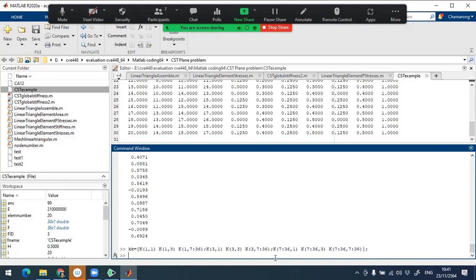Okay, we will change the force. F is the global force. It should be the same from the previous, right? But the force after applying the boundary condition should be changed. It should be F11, and F31.